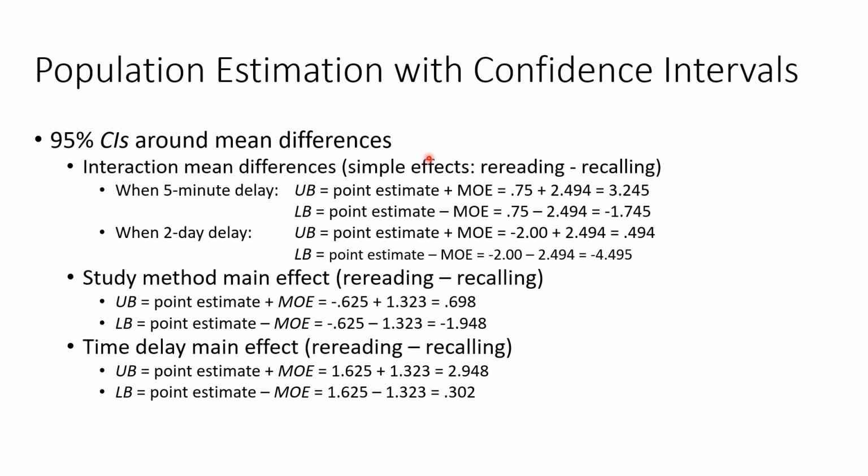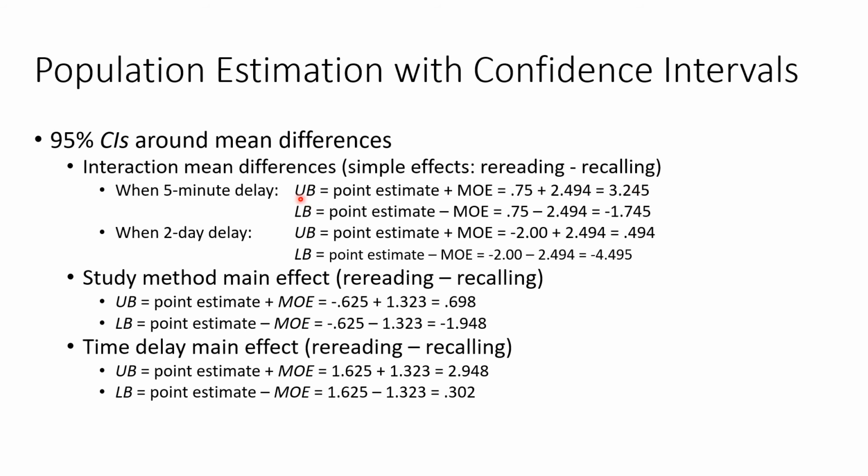In other words, which mean was subtracted from which mean. In this case, we subtracted the recalling mean from the rereading mean. So that means a positive value at the end is going to mean that rereading had the higher mean.